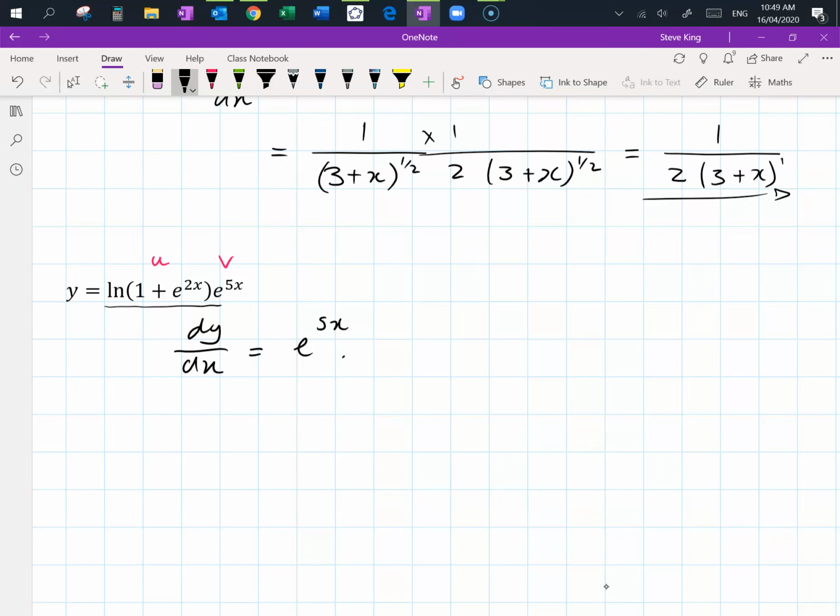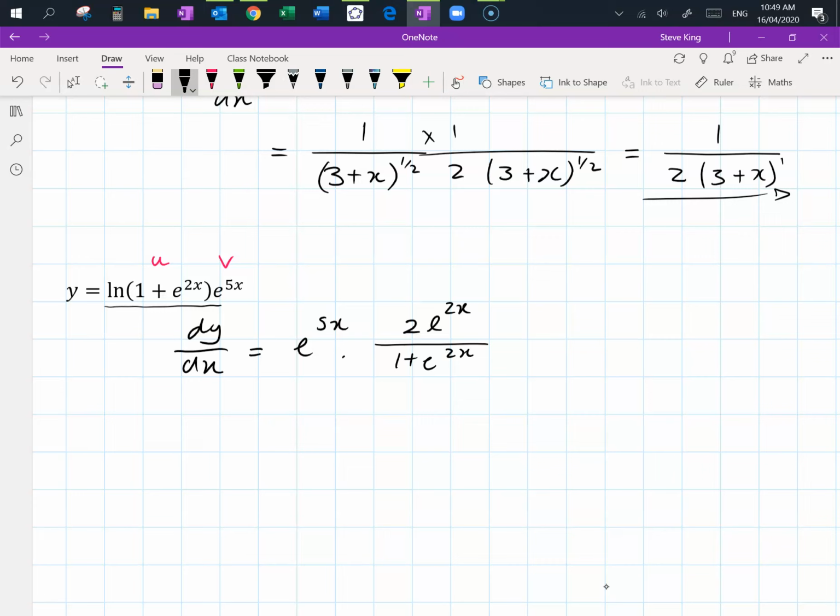Derivative of u is going to be the derivative of what's inside the bracket, and that's simply going to be 2e to the 2x over 1 plus e to the 2x.